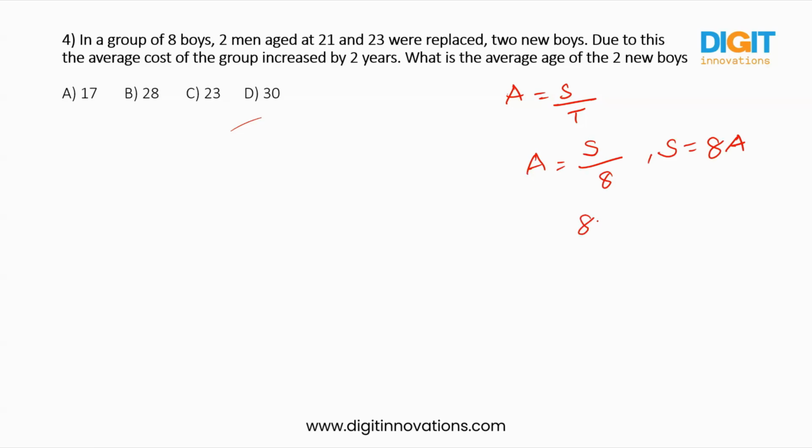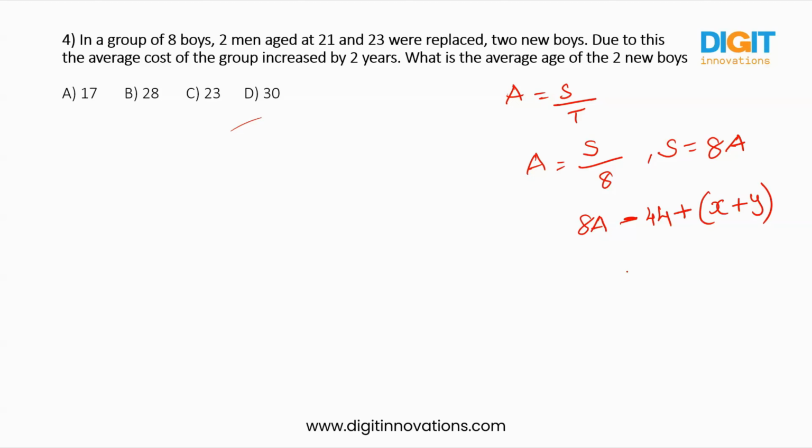So in this 8A, that means total sum of all the 8 boys, 21 and 23 aged are replaced. That means from that sum, 21 and 23 is being removed. That means minus 21, 23, which is 44. In their place, I am going to place 2 new boys. I don't know the age of those 2 new boys. I'll take it as X for one person and Y for the other person. Okay, this is the thing.